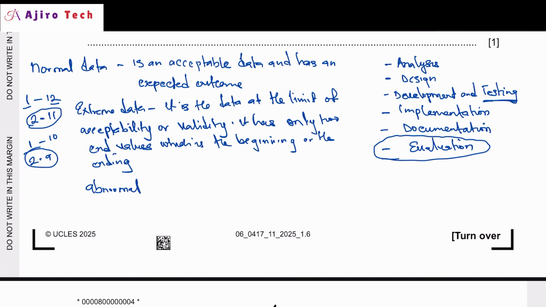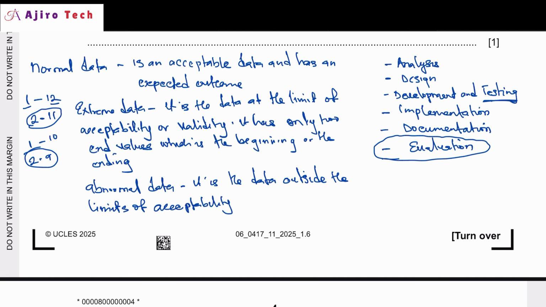For abnormal data, it is the data outside the limit of acceptability or validity, and it should be rejected or cause an error message.